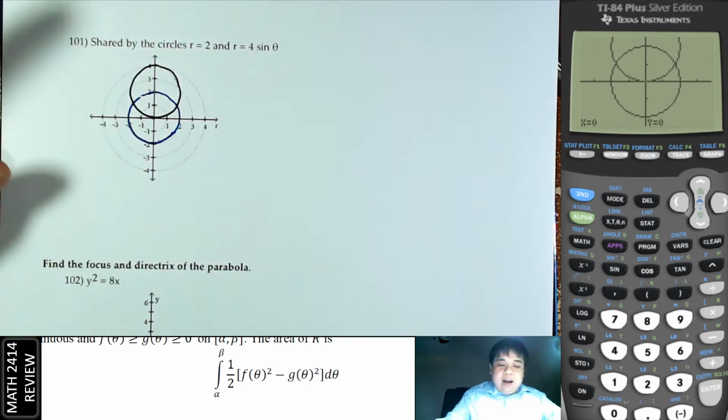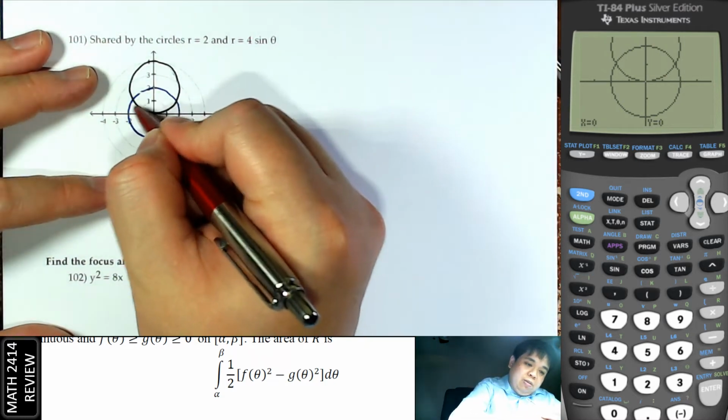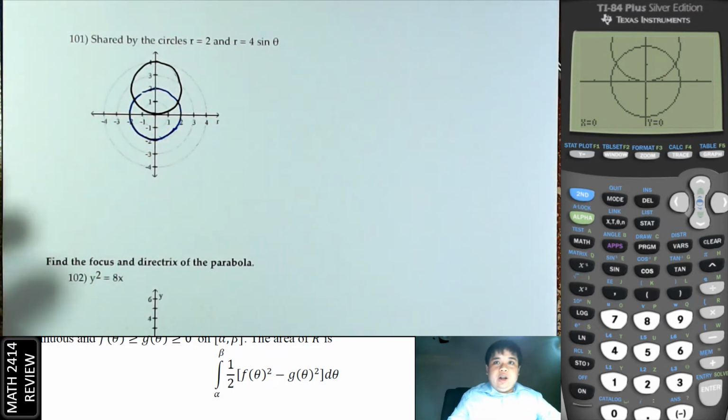So we want the area that's shared by the two circles, meaning the overlapping of the two circles. Right, so first we have to find the intersection.